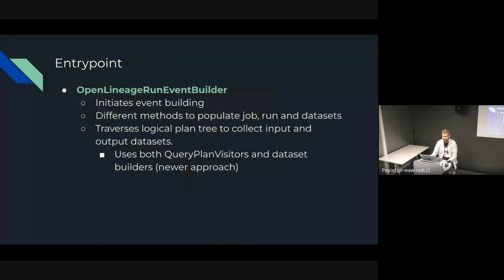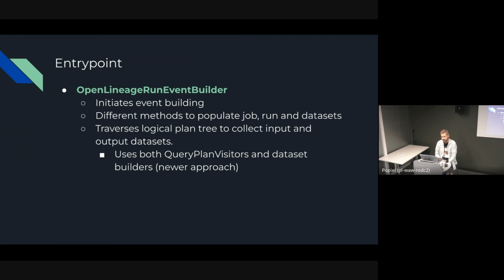So yeah, we do have an OpenLineage context that just is a container of everything that we would like to pass to the methods we do have, so that the methods don't grow in terms of the amount of arguments being passed. And then we have OpenLineage run event builder, the class that initiates the event building.